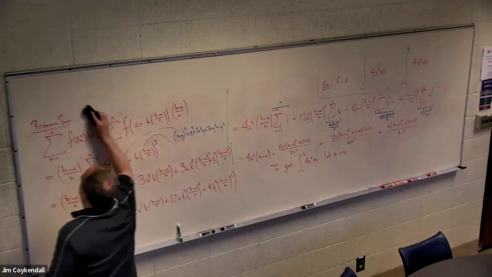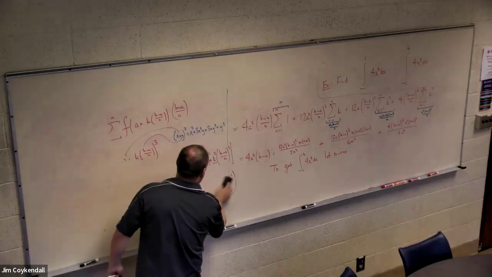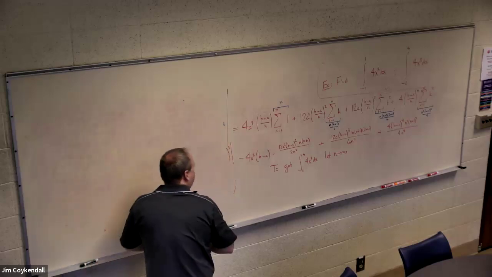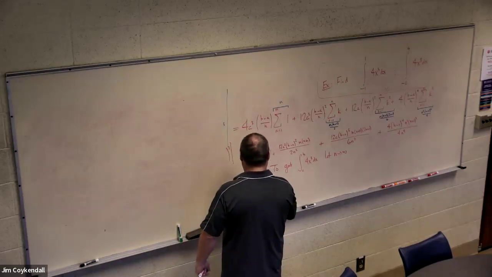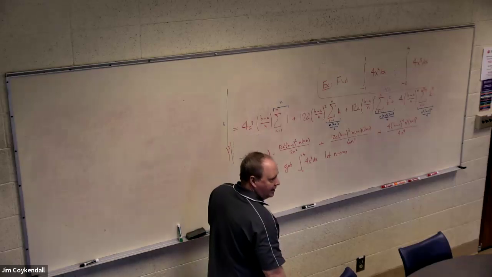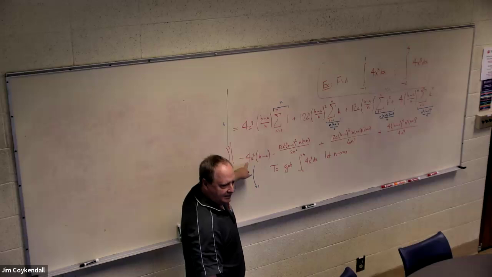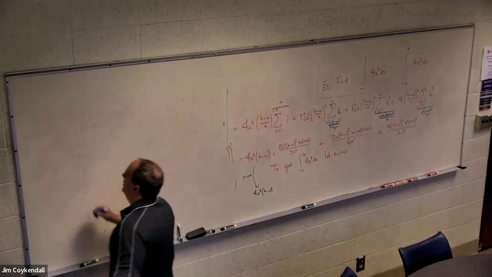Let's practice. There's 4 terms here. Let's kind of practice what we did. As n goes to infinity, where does this piece go? Where does that first piece go? It just goes to itself. There's no n at all, right? Doesn't depend on n. So this is 4a cubed (b minus a).